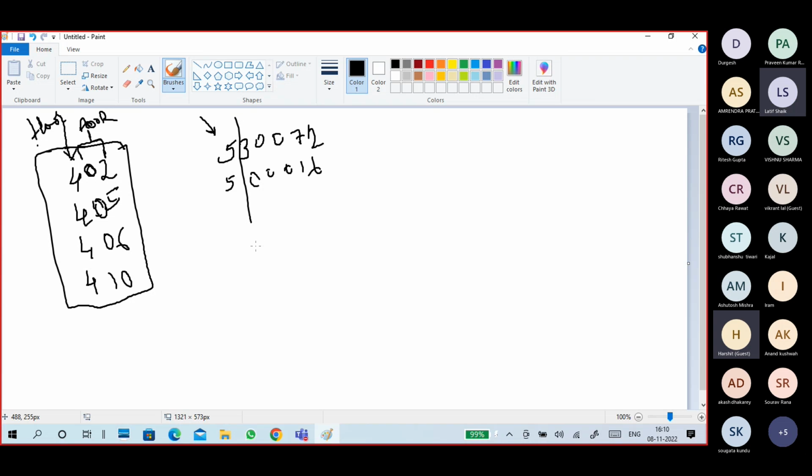The 5 represents a state or postal area of a state, mainly Andhra Pradesh, Telangana, and some parts of Karnataka and some parts of Tamil Nadu. Again, 0 means it's a main city. That city starts with 00. The third represents different city representation. This is area representation. Okay, this is a particular sub area representation.